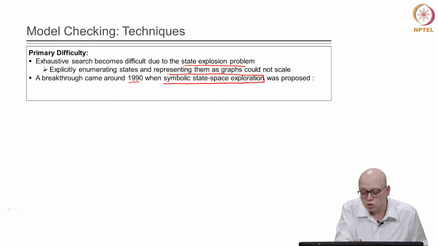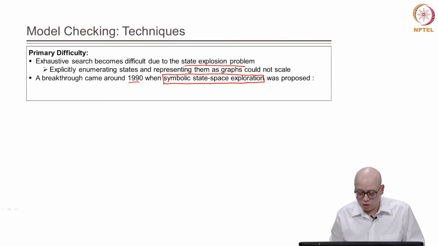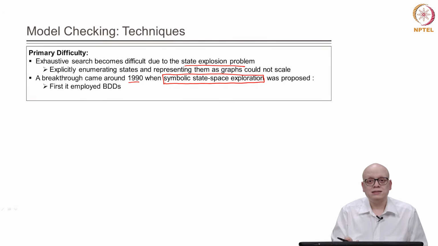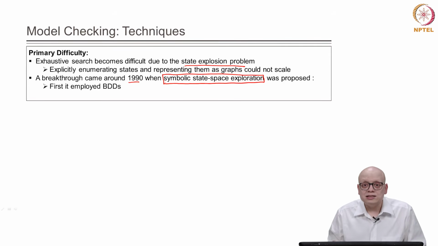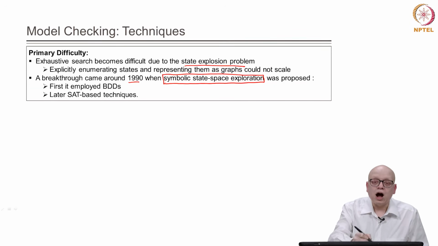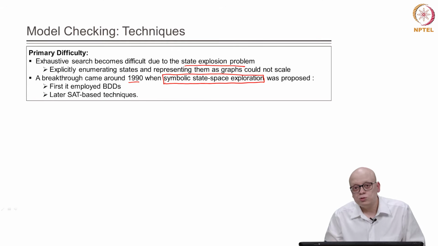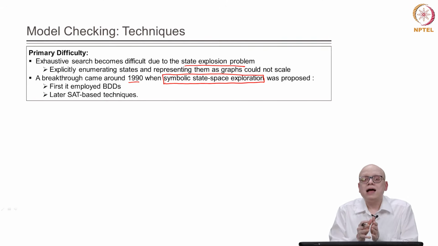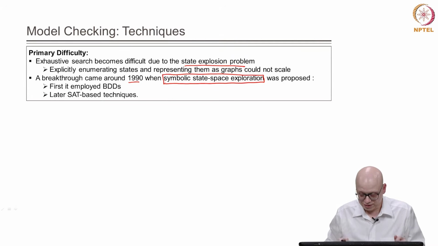Earlier this technique used BDDs, and later it was further improved by using SAT based techniques. We will be looking at how BDDs can be used to traverse the states and verify the properties.